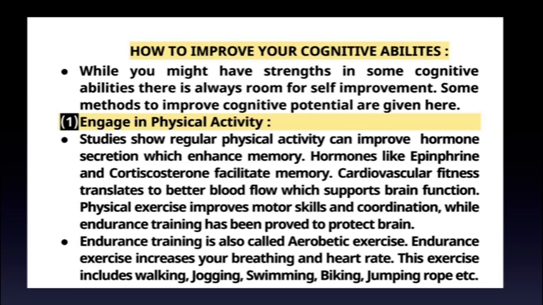This exercise includes walking, jogging, swimming, biking, jumping rope. We used to jump the rope when we were children. Now we have left that; maybe as a fashion we do the jumping rope. Now, I have seen a number of people in the morning take a cycle and go one kilometer, two, three.